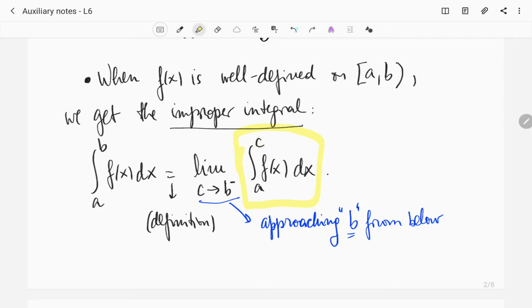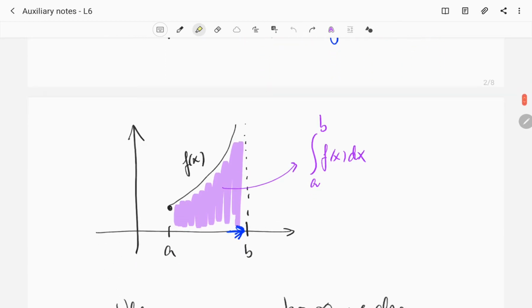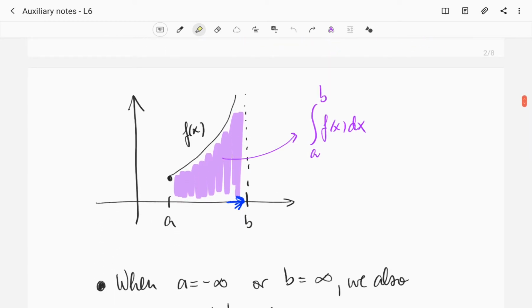So we compute this, and then again the same notation that we were using for proper integrals, but now the meaning of this notation is just taking the limit of all these possible values c approaching b from below. Okay, this is just a definition. This is another type of an improper integral.